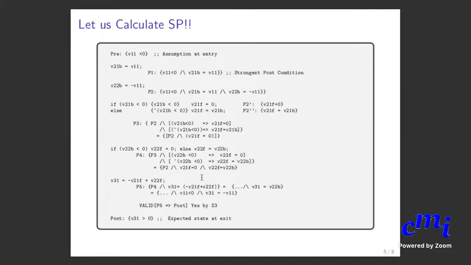If somehow V21B was never relevant to what you want to check at the end, if it was truly irrelevant, like a dead thing, then maybe using the weakest form would have sufficed. But this is one way to guarantee that I could then prove any property that I want to have here.